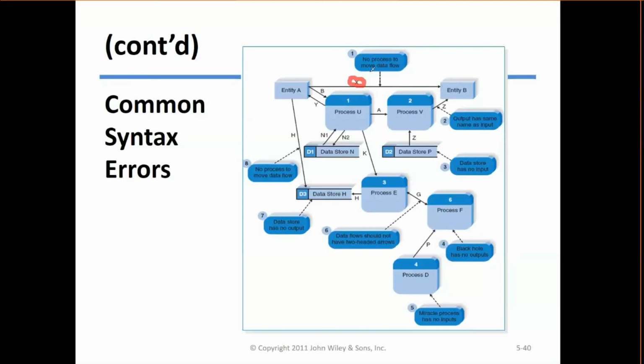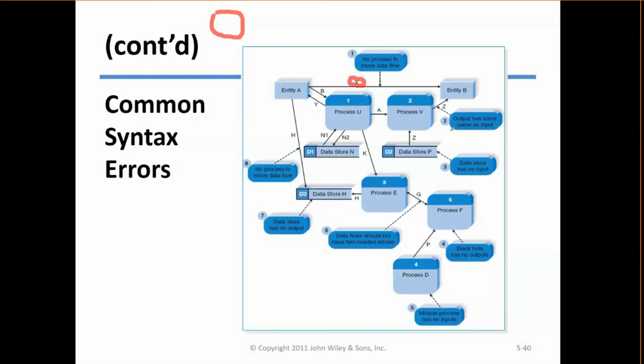So there is no process to move the data flow. It's like the ball I told you about, I think Newton's laws of motion, something like that. I forgot already. Physics. Do you remember that one? So in this one, no process is involved.